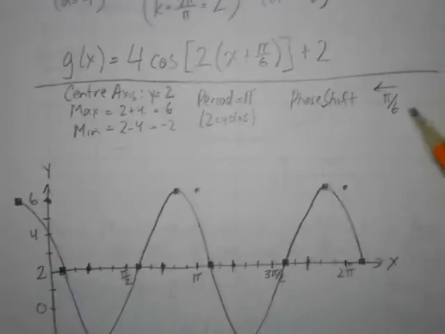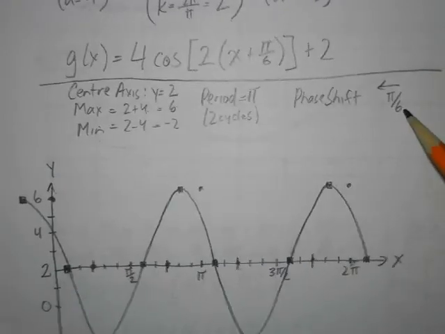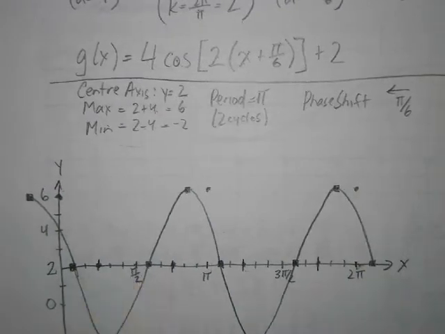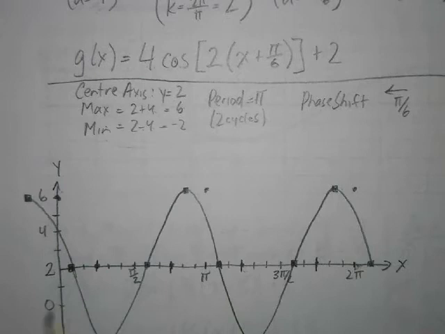So the phase shift, pi by 6 to the left. Now, here's the problem. I have to make sure I know what pi by 6 is here. So I actually divided this. So pi by 2, I divided it into 6s. Or pi by 4, I divided into 3s. So each of these I divided into 3.